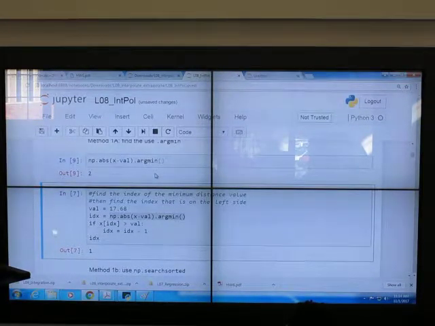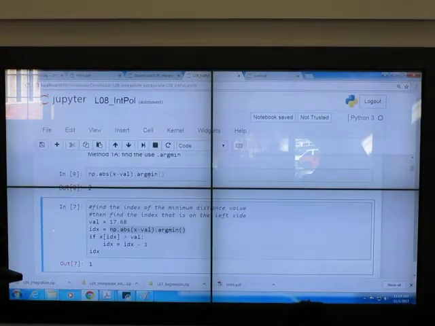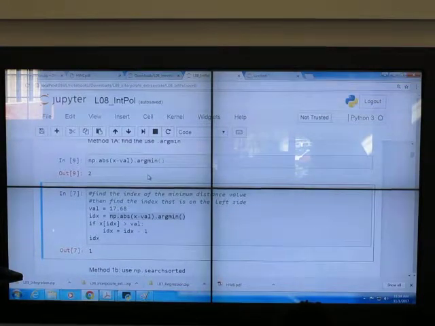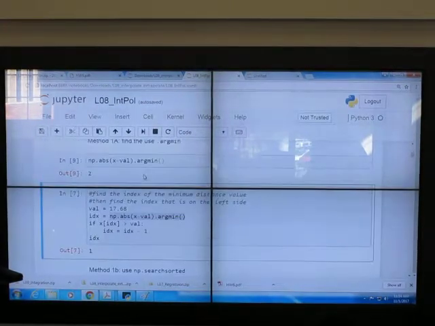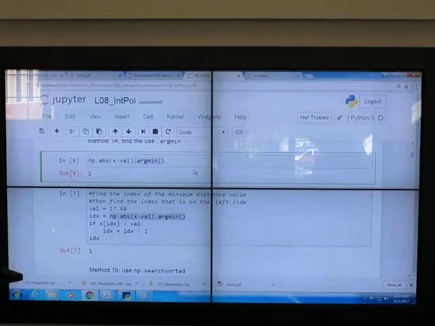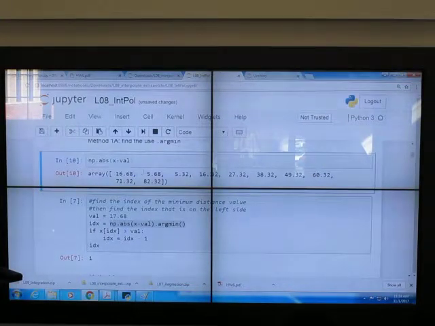Is that correct? It's correct because argmin doesn't give you the minimum value, but it gives you the index that has the minimum value. Look at this one. If you don't have dot argmin, what you get is 0 at point 0, at point 1, and at point 2. So the minimum value is at point 2, which is 5.32.